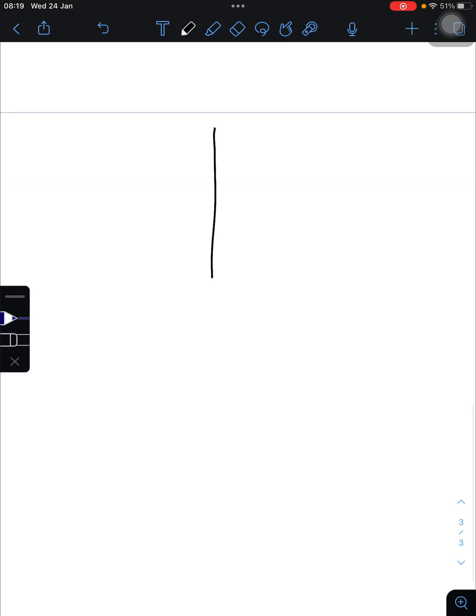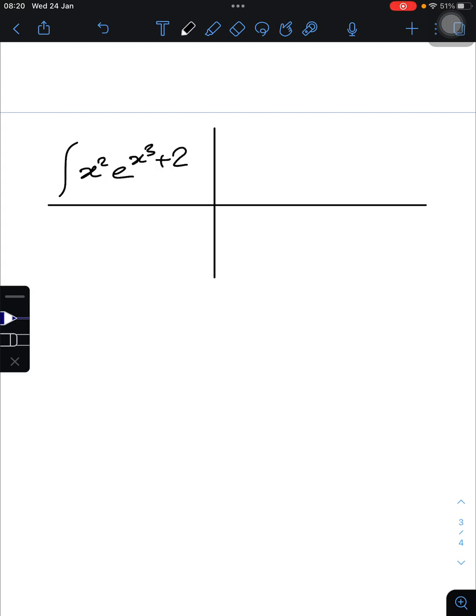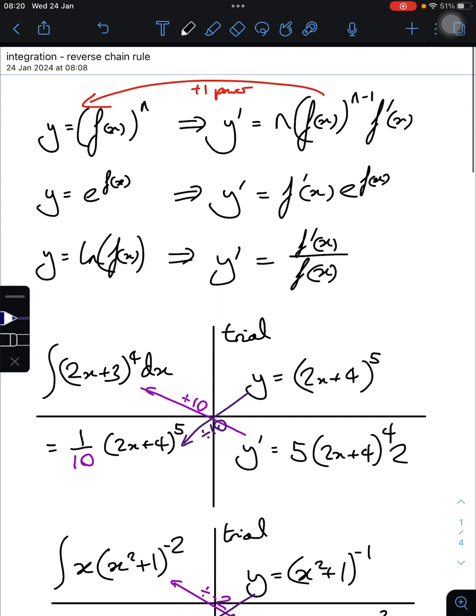Okay, let's keep going. Let's maybe do one with some e's in there. So if we pick something with an e in there, let's say we're integrating x squared e to the x cubed plus 2. Let's do that. So our trial would be, well, let's think about it, looking up here.